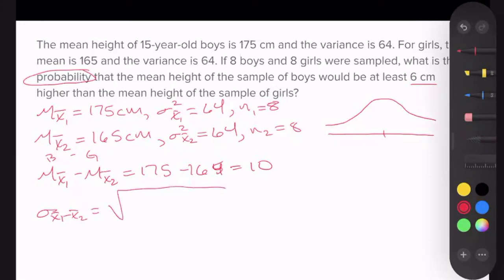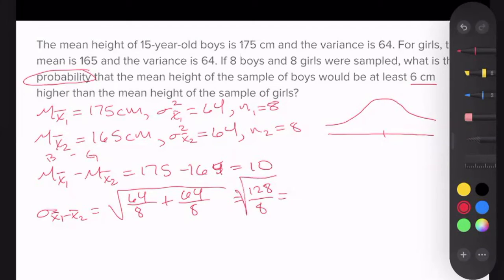So I've got variance over n plus variance over n, which is 128 over 8, which is 16. And so I have the square root of 16, which is 4.